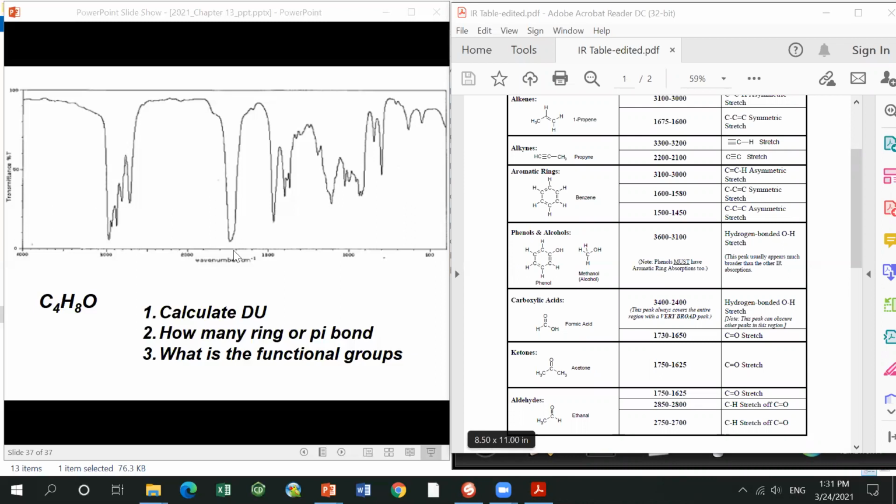Now you can see here, this peak around 1700. By the way, if you work on IR spectra, you can bring a ruler to help you read the wave numbers. So this molecule should have a C=O double bond.